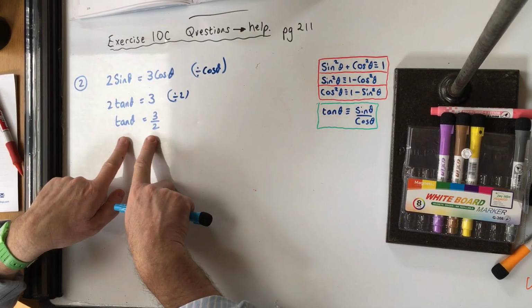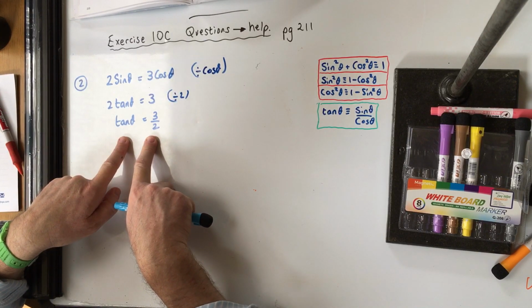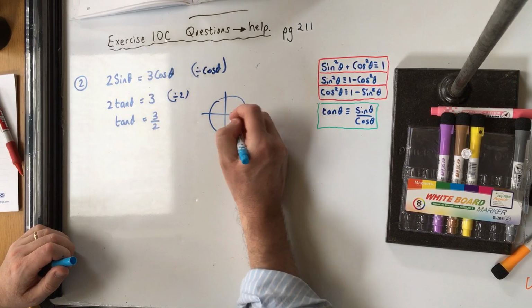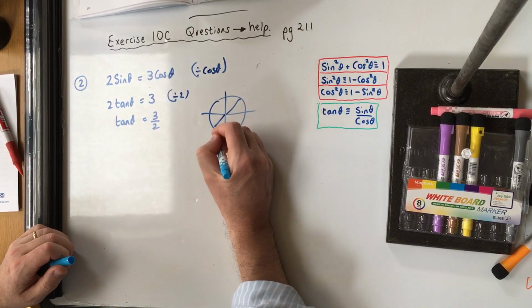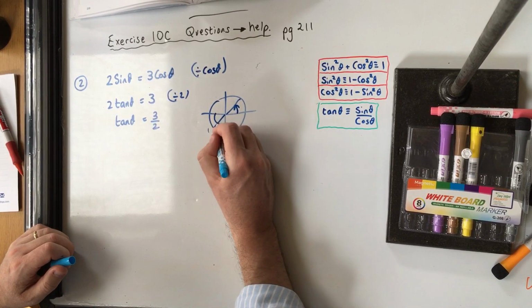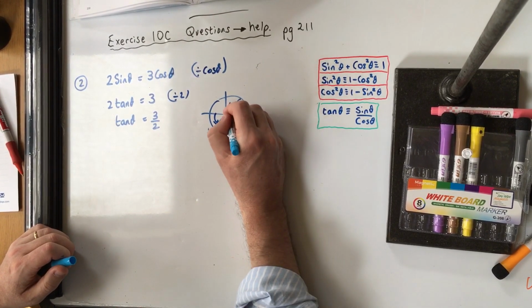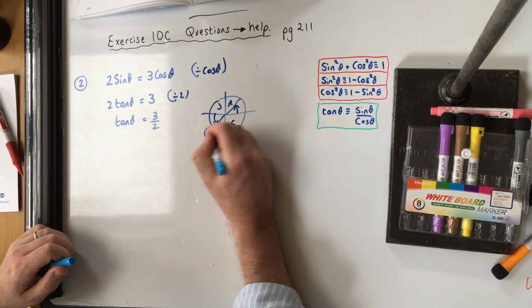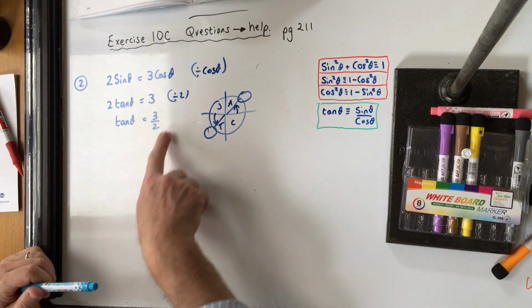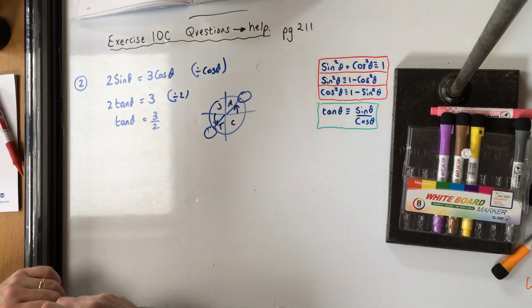And there we just inverse tan of 1.5. If we were solving it, we'd go to our CAST wheel, we'd get an acute angle, and then it'd be positive, so you'd look for the other one that's equivalent, whatever that gives you, you add it onto 180, and you get it in your CAST wheel in this region, and you get those two between 0 and 360. But this is just what the question is asking for in terms of tan theta.